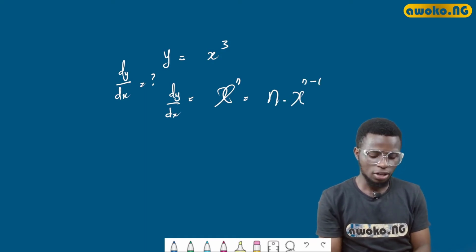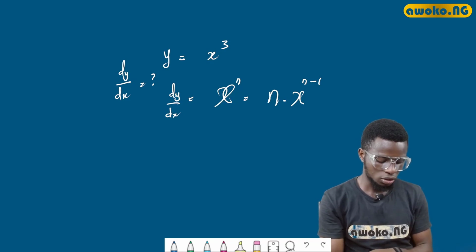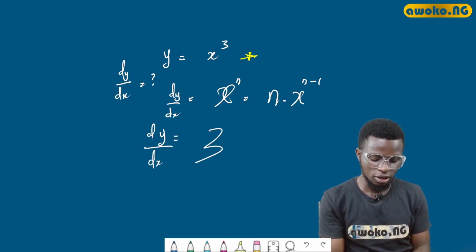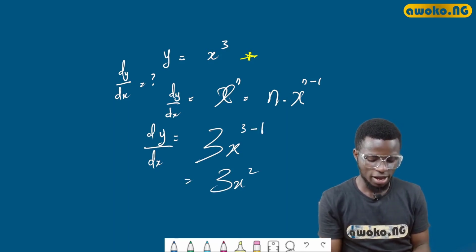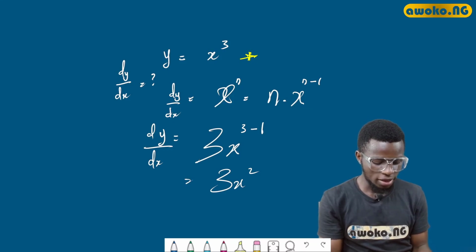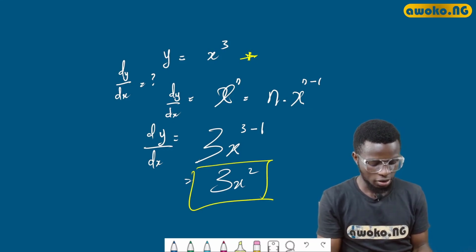So if we do that to the function we have over here, dy over dx will definitely give us 3x raised to the power of 3 minus 1, which will give us 3x squared. Compare this with what you have in our previous slide.